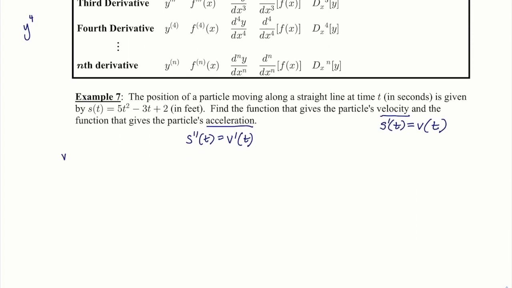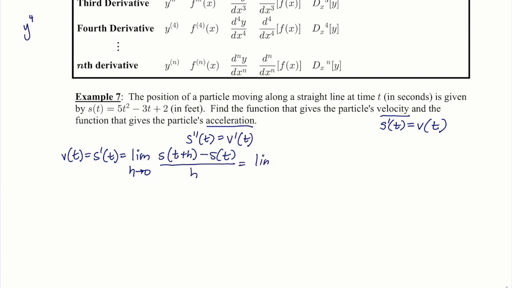So for v of t, the first thing we want to find is the derivative of the position. And we'll go back to our difference quotient, the limit as h goes to 0. And now instead of f of x, we have s of t plus h minus s of t, divided by h.